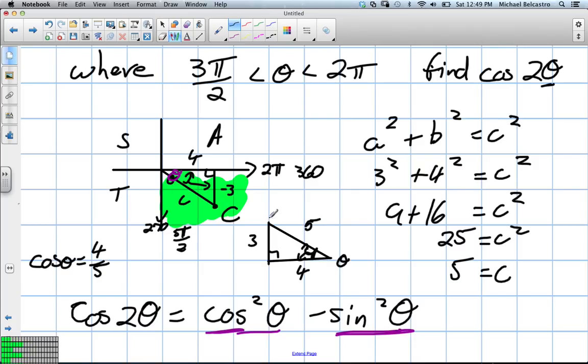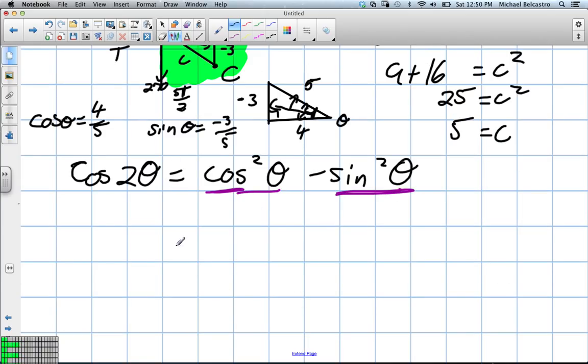And sine theta, because we had that negative 3, we'll keep that in mind because sine in that quadrant would be negative. Sine theta is opposite over hypotenuse, so sine theta is equal to negative 3 over 5.